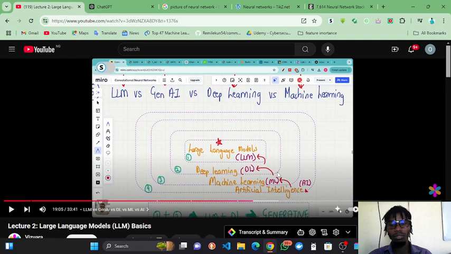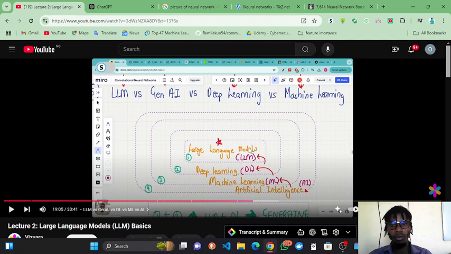He gave birth to what? Deep learning. So in deep learning, you now have a large language model. So you cannot isolate machine learning from large language models. So a large language model still is under what? Machine learning.